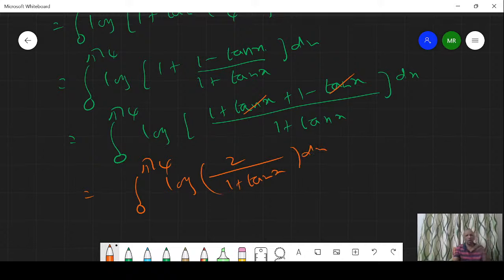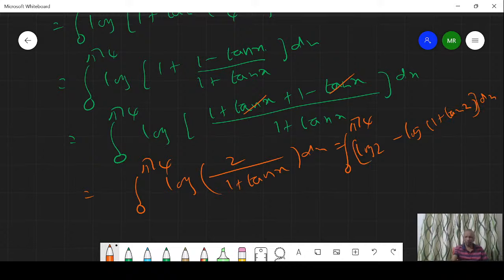So I can write log(m/n) as log m − log n. Just observe, this is tan x. Apply the log(m/n) formula here. I can write the integral from 0 to π/4 of log 2 minus log of (1 + tan x) dx.